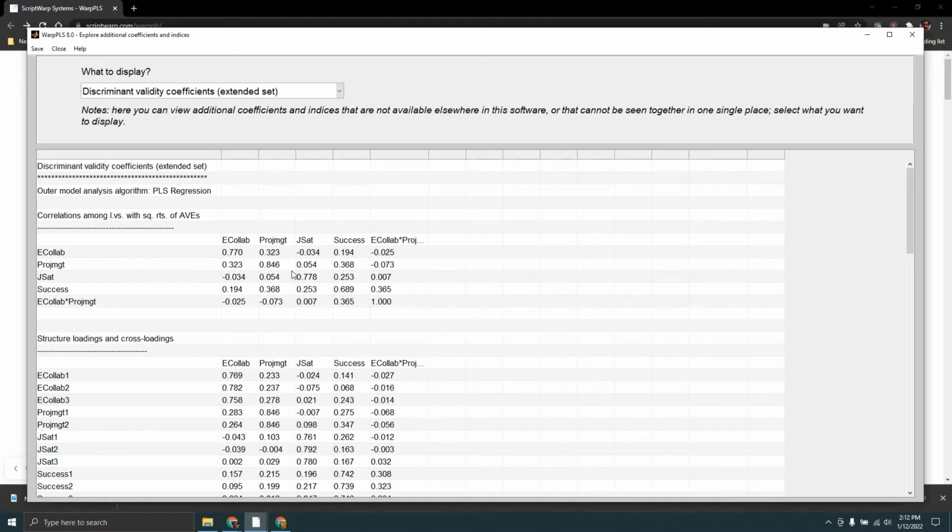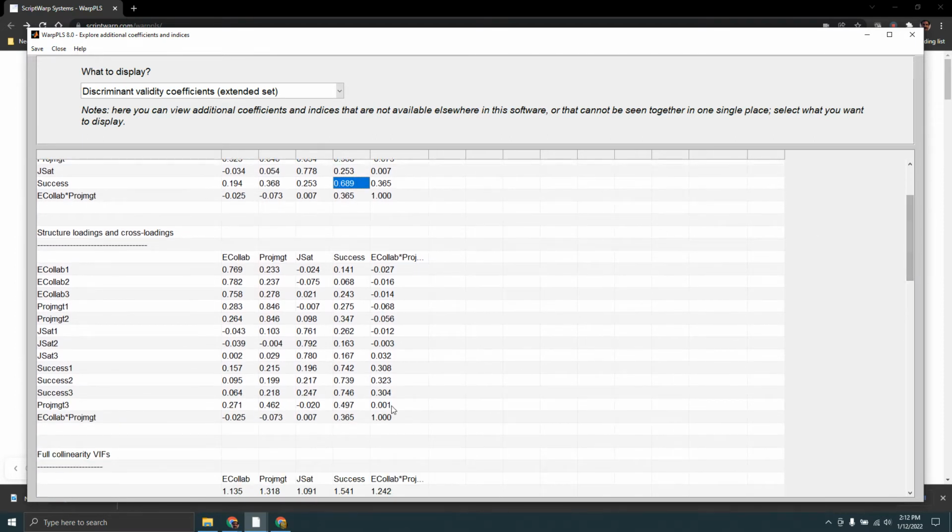So the Fornell-Larcker rule would say that the values on the diagonal here, which are the square roots of the AVEs, would have to be higher than any of the correlations among the latent variables for there to not be any problem with discriminant validity here. And that seems to be the case. So that rule does not pick up the problem that I created.